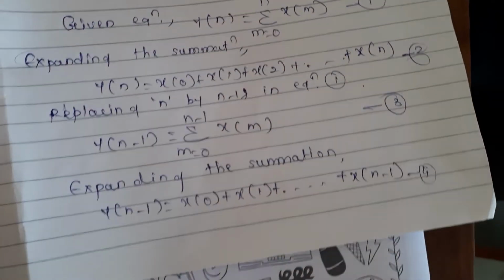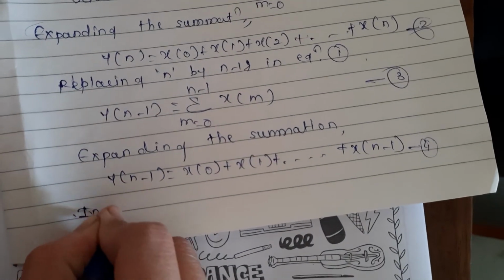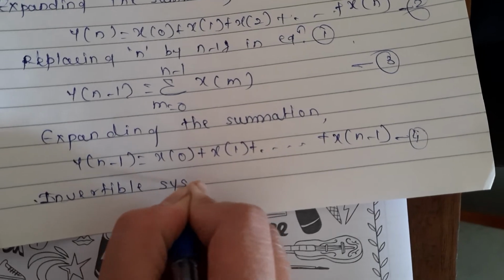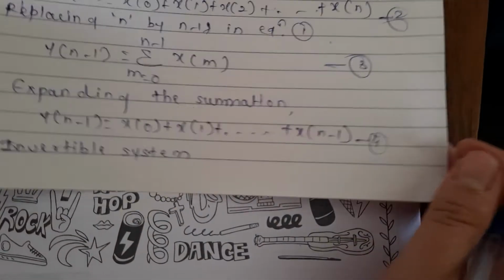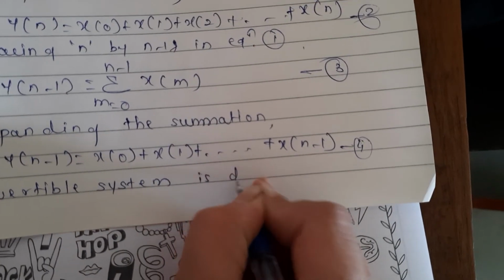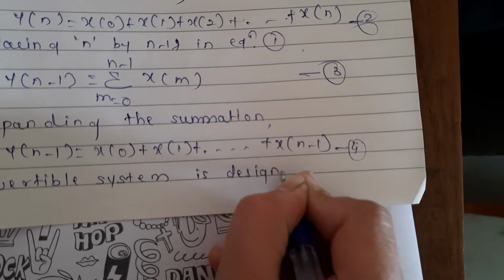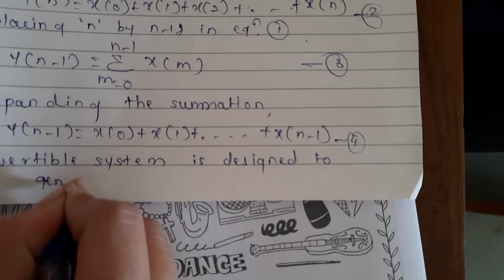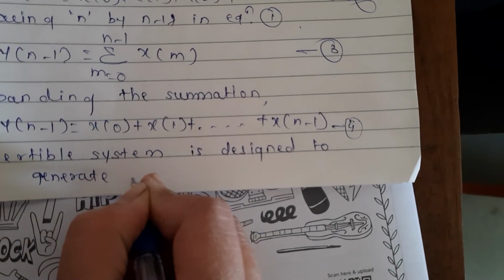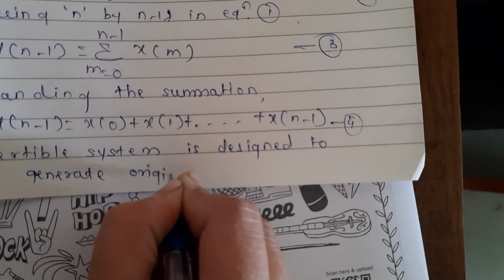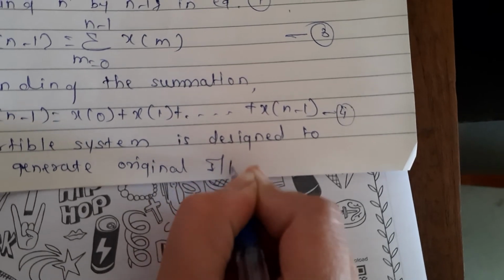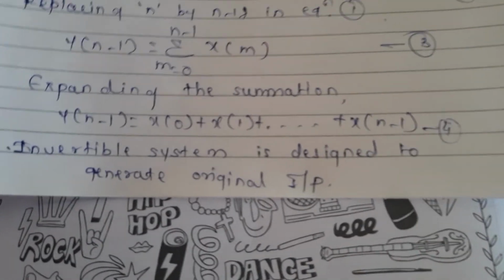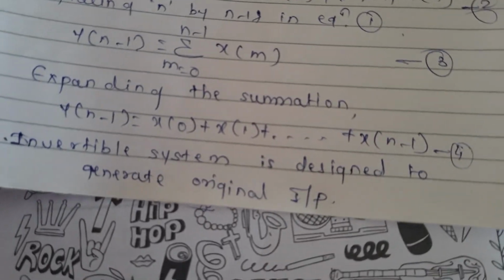Now we write here: an invertible system is designed to generate the original input.